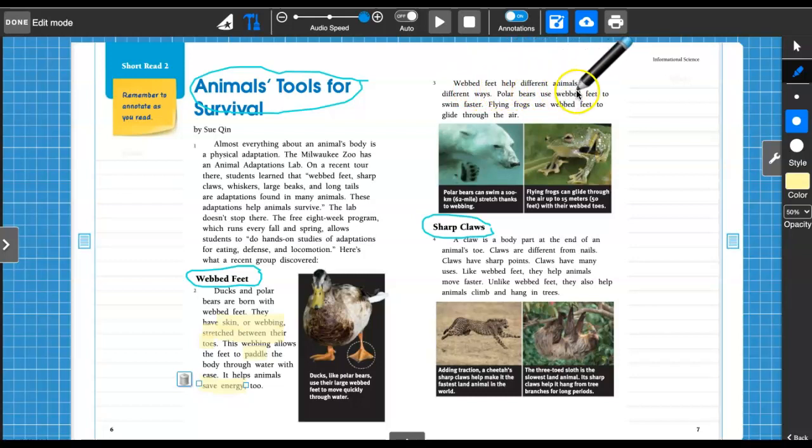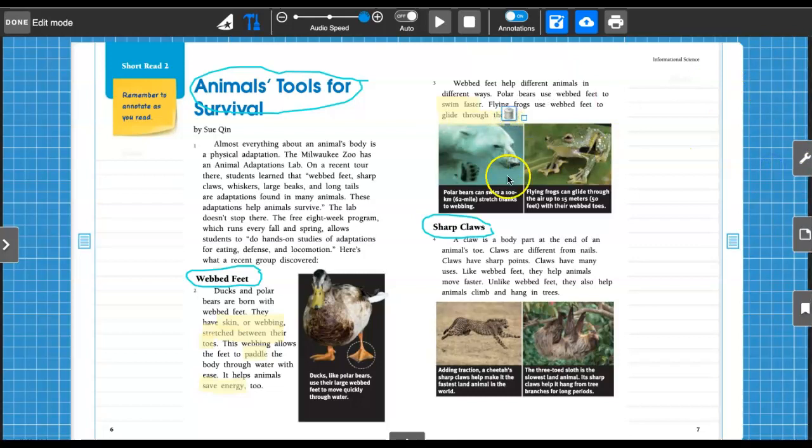Polar bears use webbed feet to swim faster. Flying frogs use webbed feet to glide through the air. So just looking at that text, I can tell what they use their tools of webbed feet for.